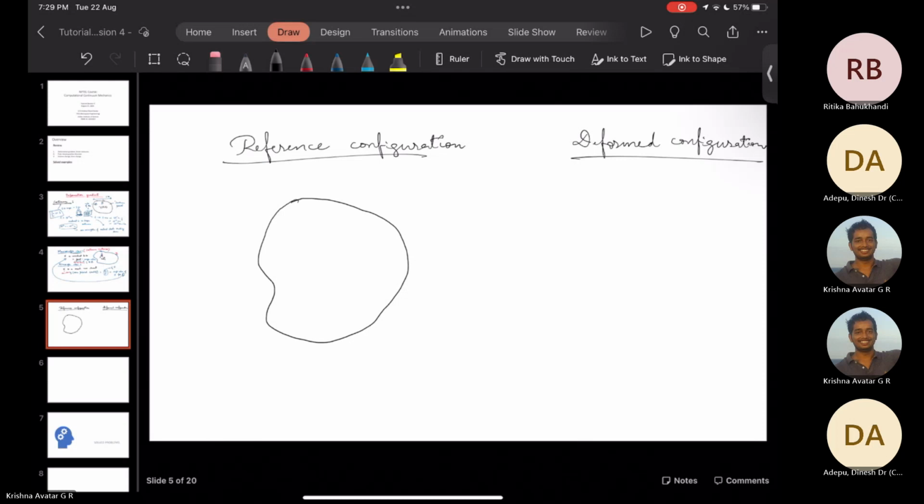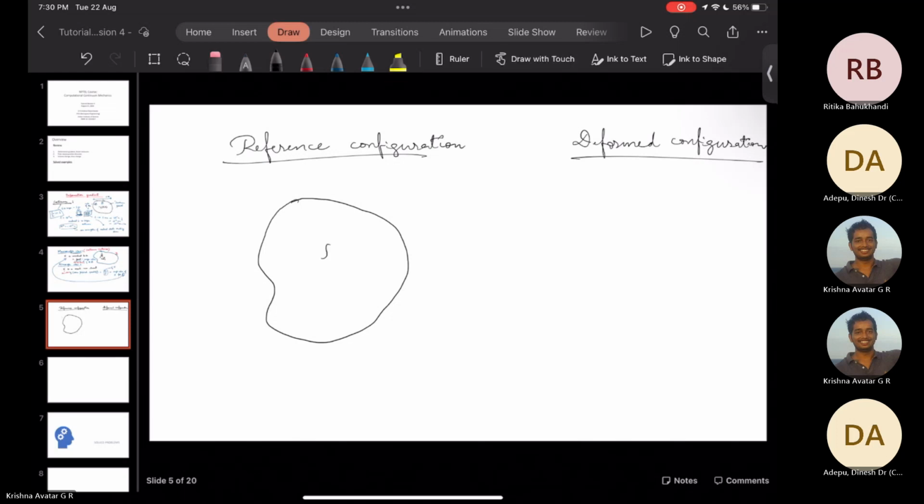Reference simply means that we are considering a body, then applying forces over it, and then looking at how the deformation takes place and what internal stresses and strains are created in that body. That comes later. So first we define what is called the reference configuration, which we denote as B.